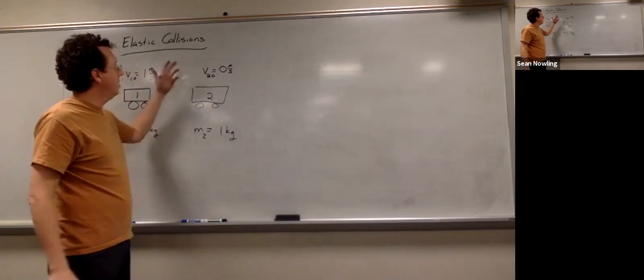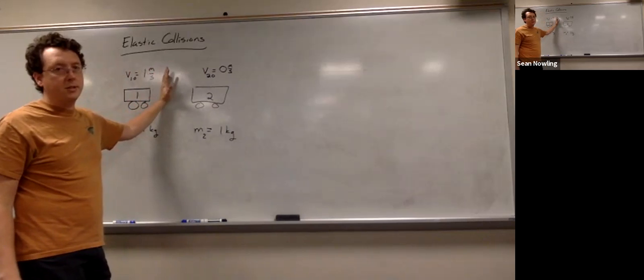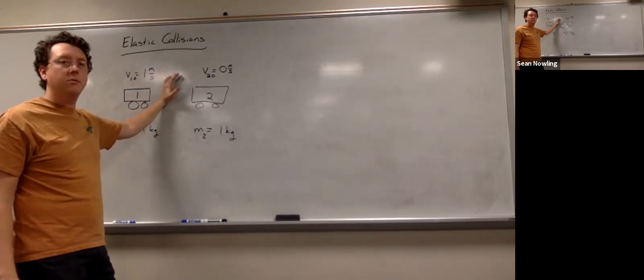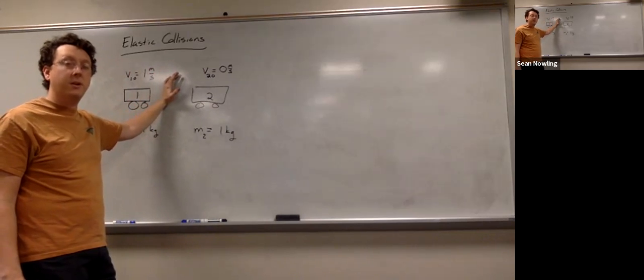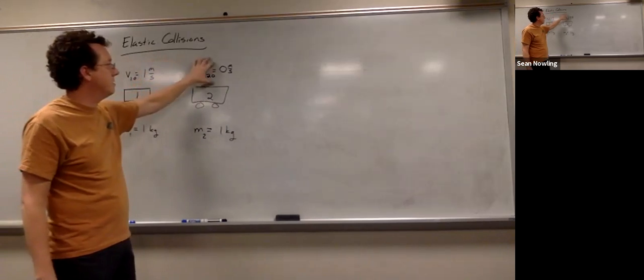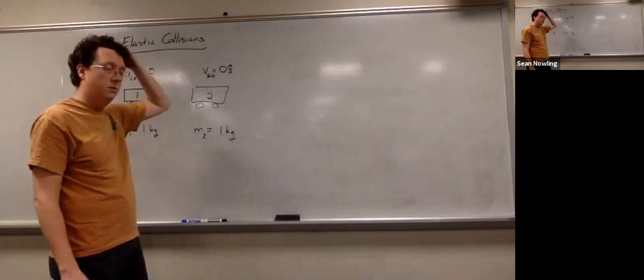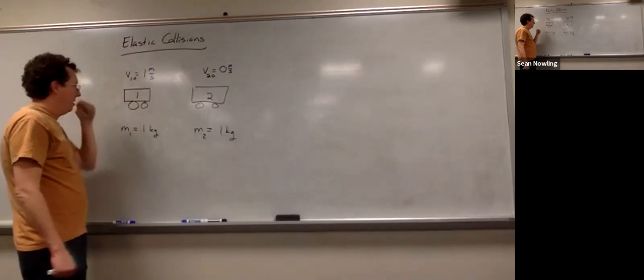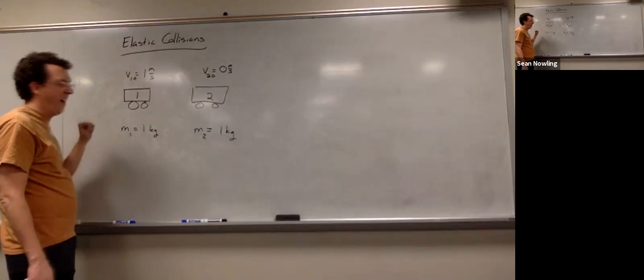Now, we have two objects. We're going to have initial and final velocity, so we have to be very careful with our subscripts. So I'm giving you the initial information for cart 1 and cart 2.